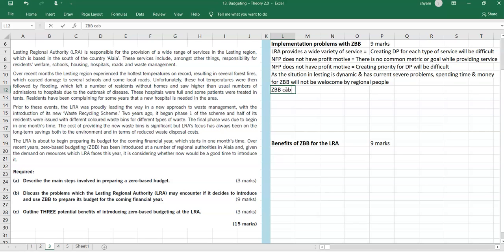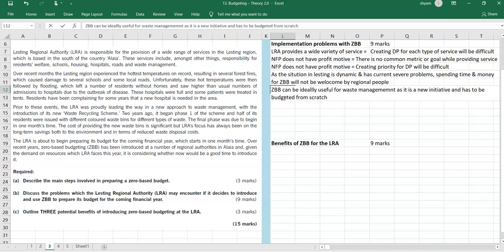ZBB can be ideally useful for waste management as it is a new initiative and has to be created from scratch.